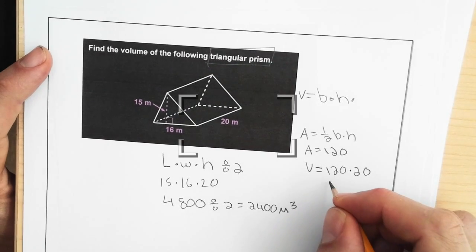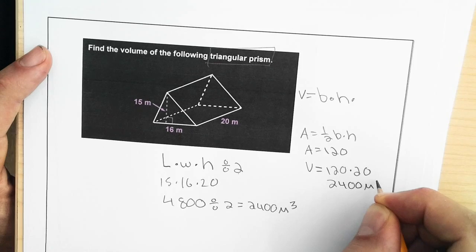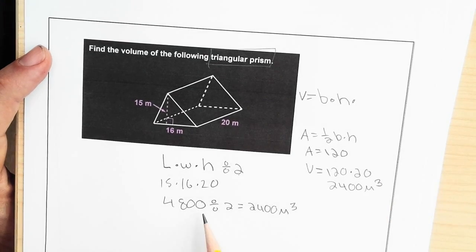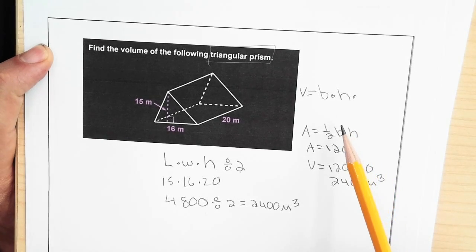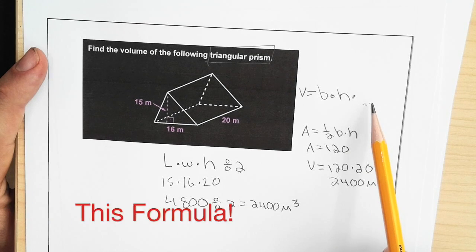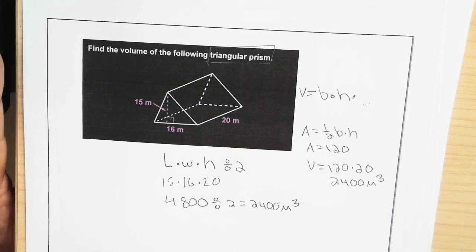And when we multiply these together, we get 2,400 meters cubed. This is really helpful and useful when we have more complicated volume problems. And this will work for every single question if you find the base and multiply it times the height.